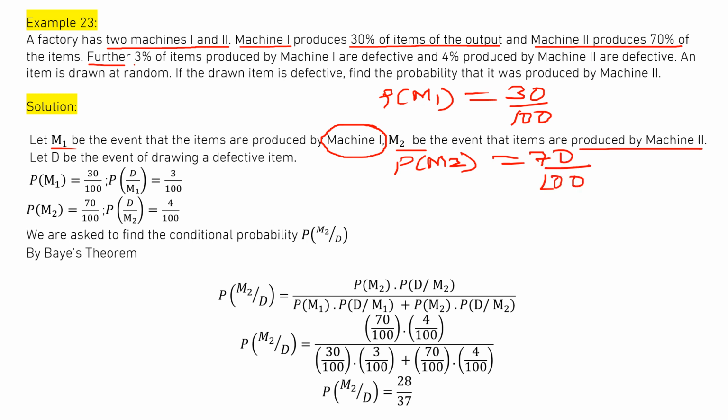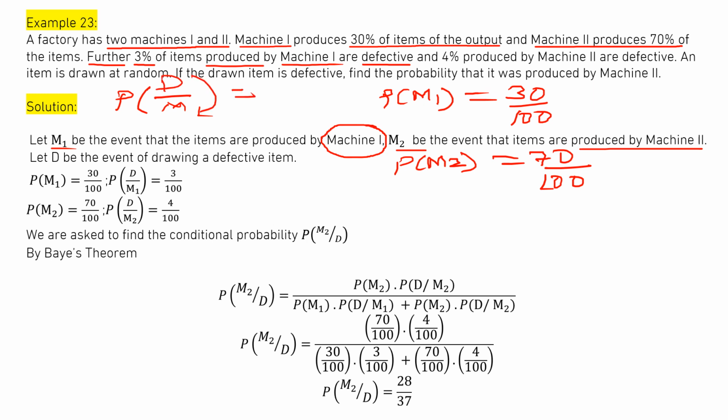Further, 3% of the items produced by machine 1 are defective. So that means you already selected machine 1. Out of this we have some defective items. So let me write like this.